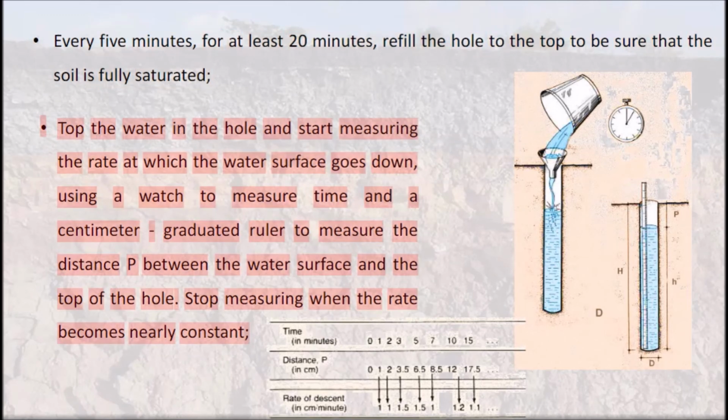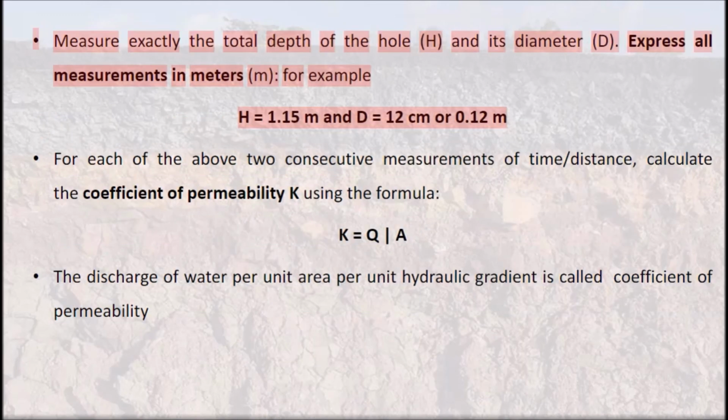Top up the water in the hole and start measuring the rate at which the water surface goes down, using a watch to measure time and a centimeter graduated ruler to measure the distance p between the water surface and the top of the hole. Stop measuring when the rate becomes nearly constant. Measure exactly the total depth of the hole, h, and its diameter, d.